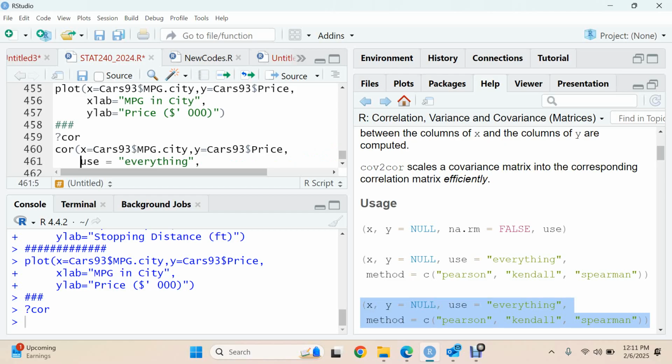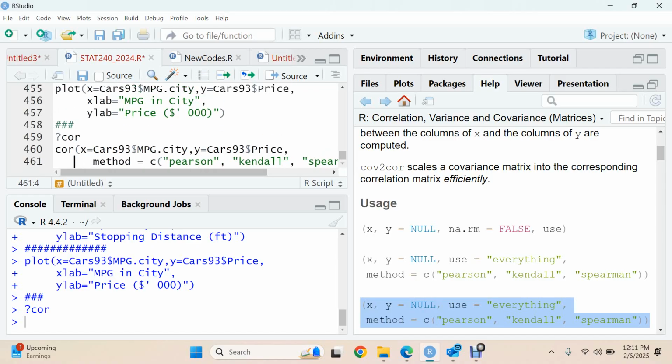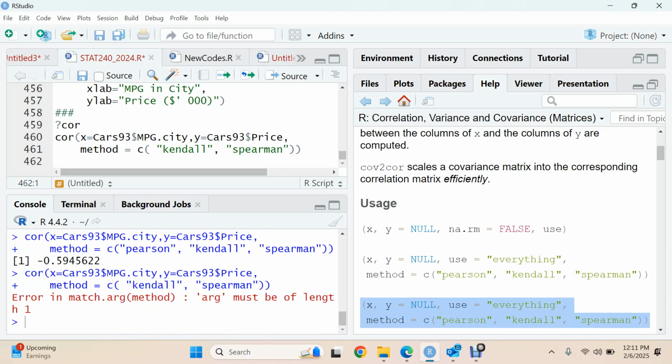So just copy what we did up, your car's MPG and the price. Use everything, I can take it off. And then the method. So the method by default is to use Pearson's. So if I run this, I get the Pearson's correlation coefficient because that's the first one. If I want Kendall, I can just delete everything or I'll just leave it like this because it should take the first one anyway. So I delete the Pearson's, then I get the Kendall.